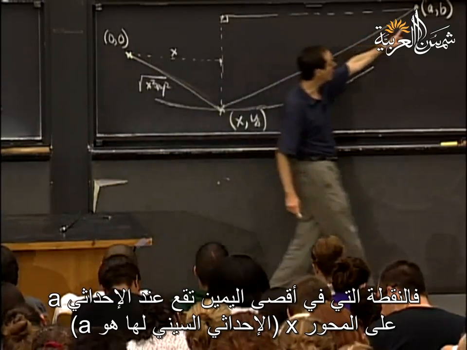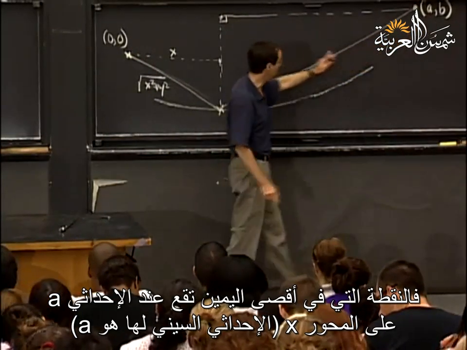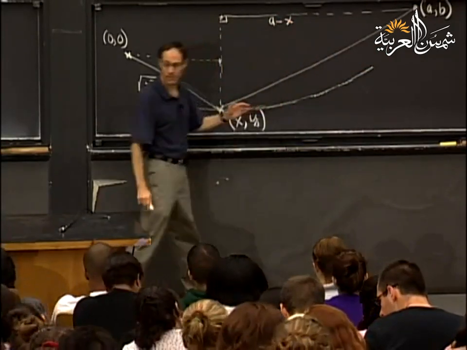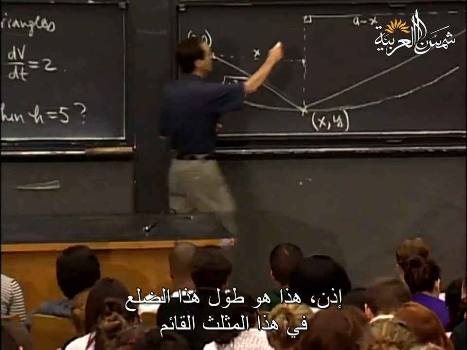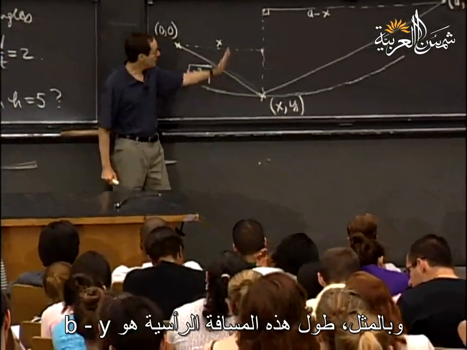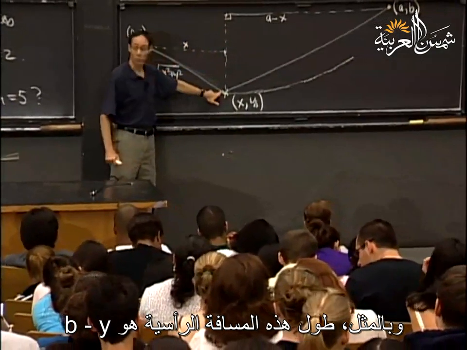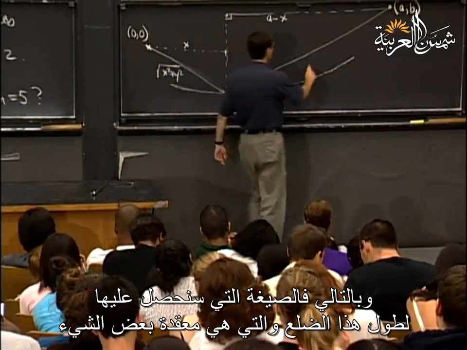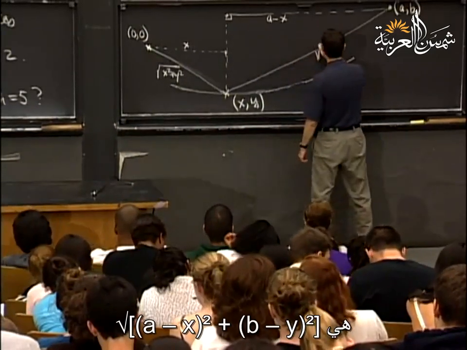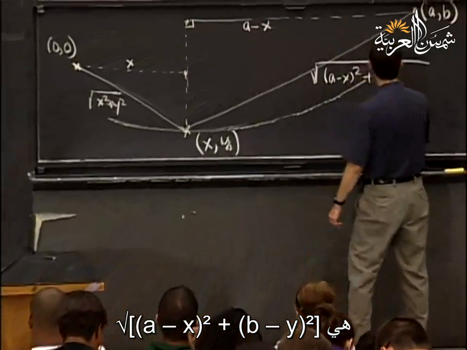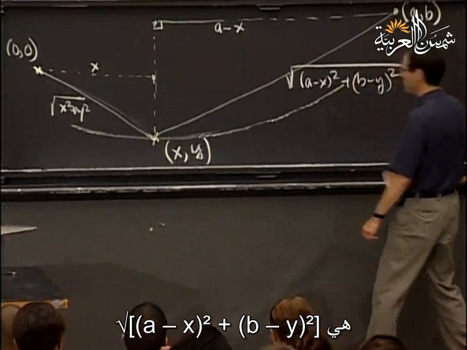The rightmost point is a in the x coordinate, so the whole distance is a minus x. So that's this leg of this right triangle. And similarly, the vertical distance will be b minus y. And so the formula here, which is a little complicated for this length, is the square root of (a minus x) squared plus (b minus y) squared.